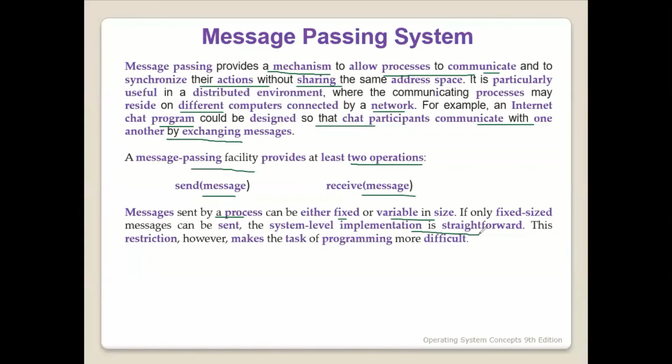But if the messages are going to be variable sized, then we need a little different implementation. So the message is shared between the two processes. Is it going to be a fixed size message or a variable size message? If it is a fixed size message, then the system-level implementation is very easy, straightforward. Okay, so let's see those things.